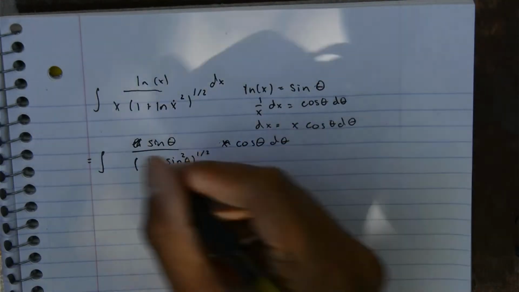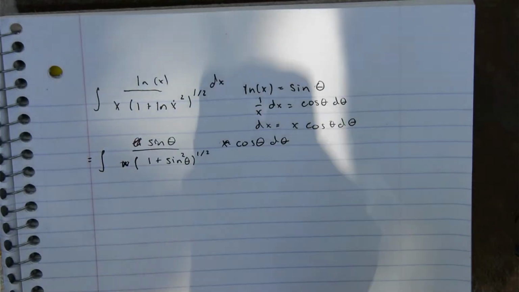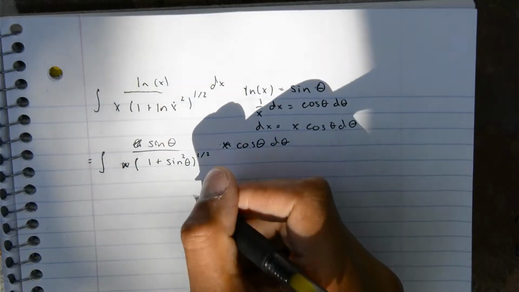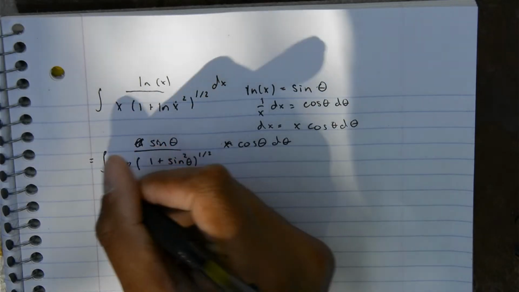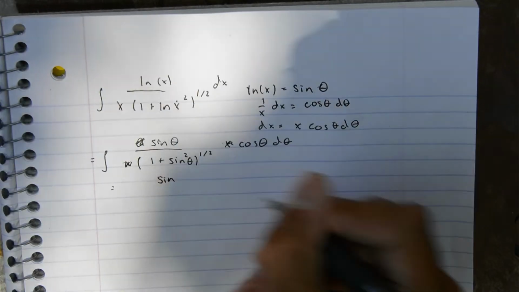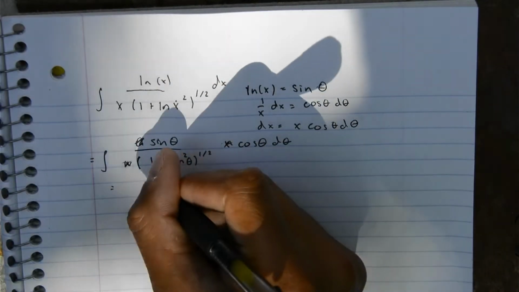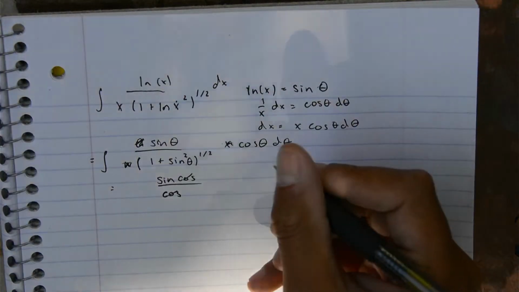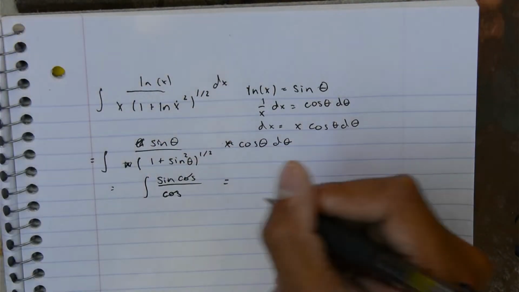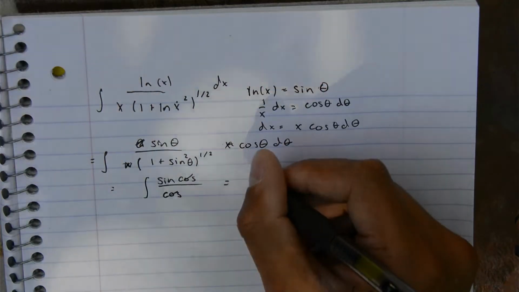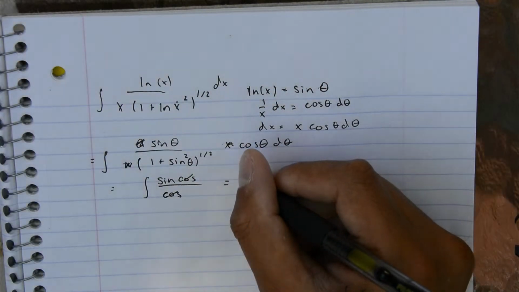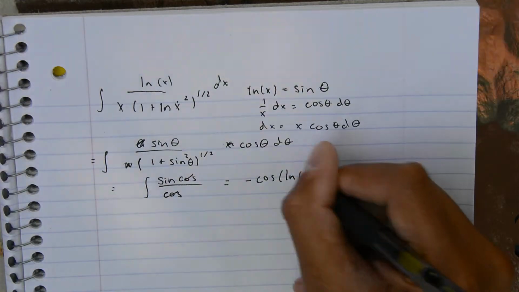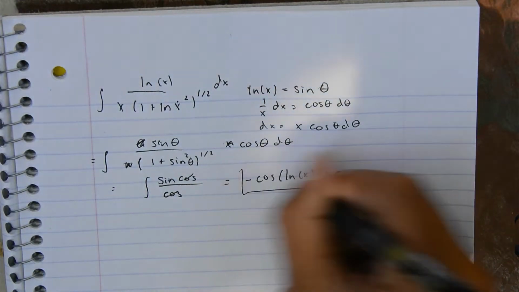So then this cancels this x. And then this is going to be equal to sine cos over cos. So this cancels, and this just becomes sine. Holy shit, bro. No way that's for real. So then this is just going to be minus cos ln x plus c.